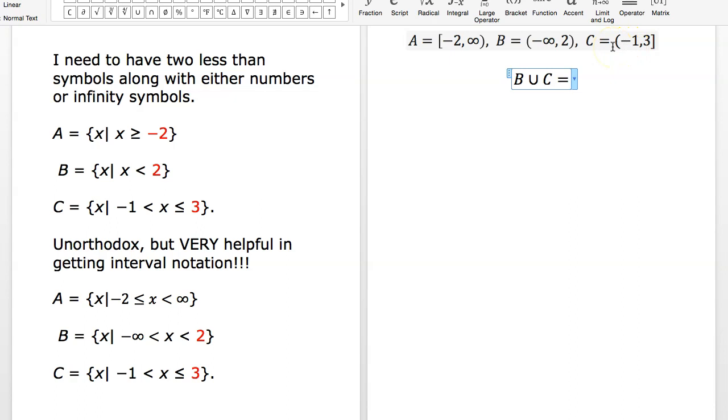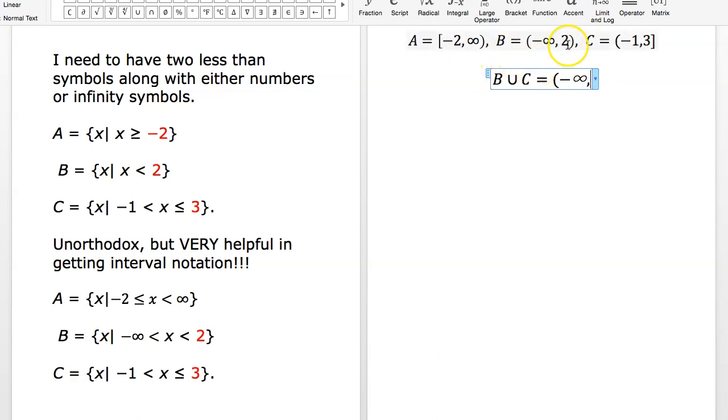So which one is further to the left? Neg infinity or neg 1? Neg infinity, right? So that's the one we choose. And of course, neg infinity never has a bracket. So we're going to have to use a parenthesis. So neg infinity.